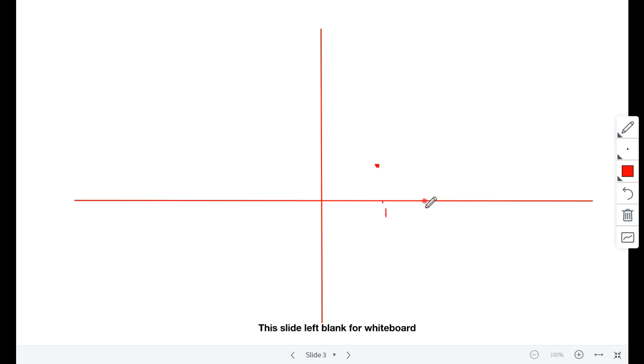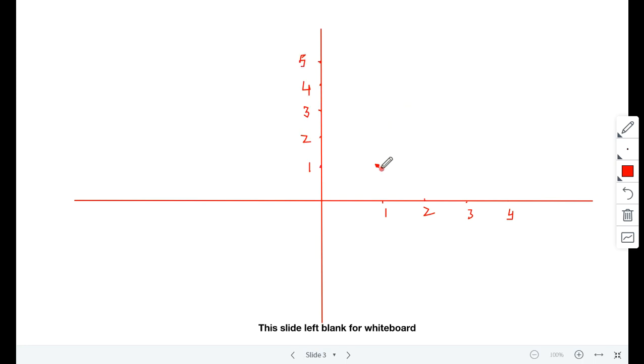It's 1, 2, 3, 4. This is 1, 2, 5. There are three coordinates.